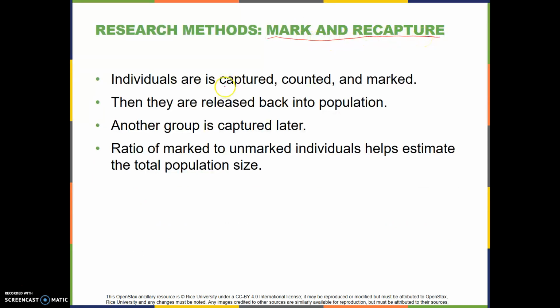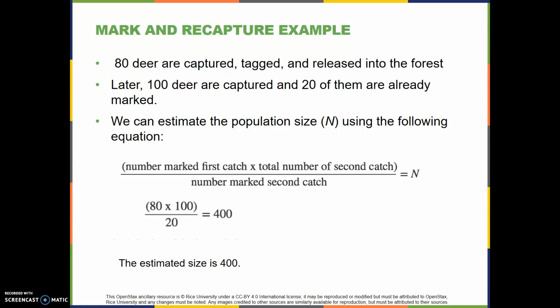Individuals are captured, counted and marked, and then they're released. And then later, at a different time, maybe a month later, a year later, another group is captured, and you measure the ratio of marked to unmarked individuals in the second group. And that helps to estimate the total population size.